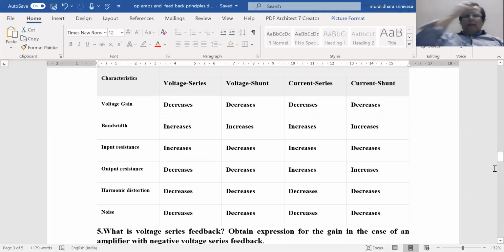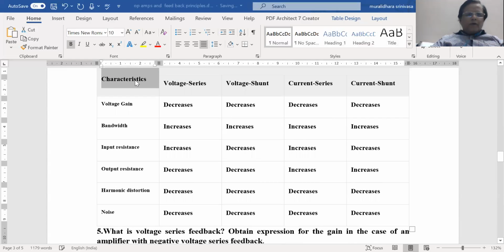So here is the table which simply illustrates what happens to certain parameters with different kinds of feedback. What are the types of feedback that I am trying? All the four. So what are the parameters? Voltage gain. If you calculate in voltage series feedback, it's a proper negative feedback: voltage gain decreases, bandwidth increases.